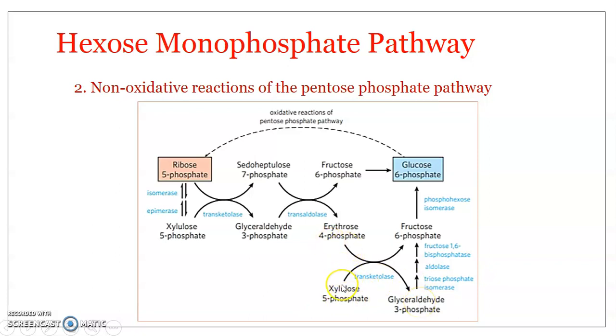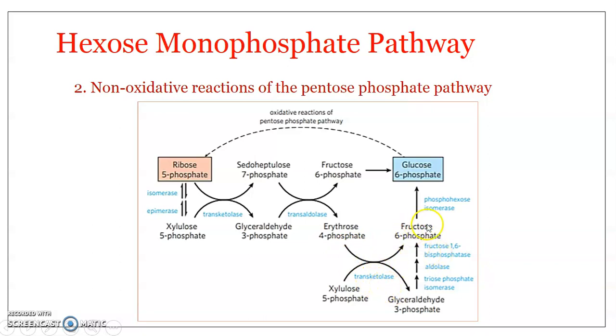And when the 2-carbon glycolaldehyde is received by erythrose 4-phosphate, it becomes 4 plus 2, a 6-carbon sugar, fructose 6-phosphate. So a 2-carbon glycolaldehyde group is transferred from xylulose 5-phosphate onto erythrose 4-phosphate, which results in the formation of glyceraldehyde 3-phosphate and fructose 6-phosphate. The whole reaction is catalyzed by the transketolase enzyme.